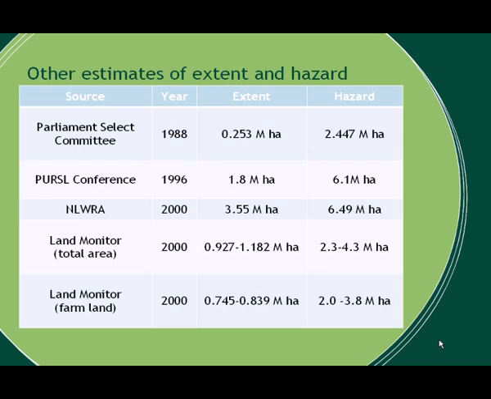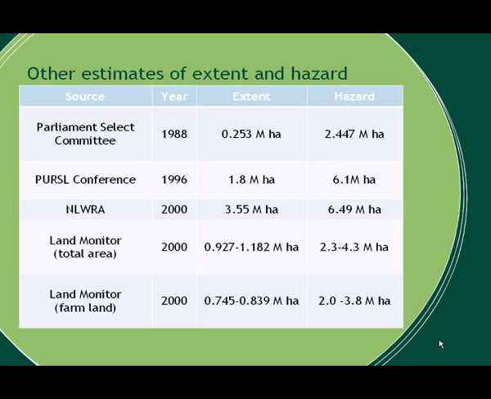More significantly and more recently, the Land Monitor data set, which is our satellite-based data set, which is collated for the 20 odd million hectares of the wheat belt, for which the satellite overflies obviously all of it, counts up all the 25 metre by 25 metre pixels, which it classifies as being either bare saline land or land which has vegetation on it, which is being degraded.